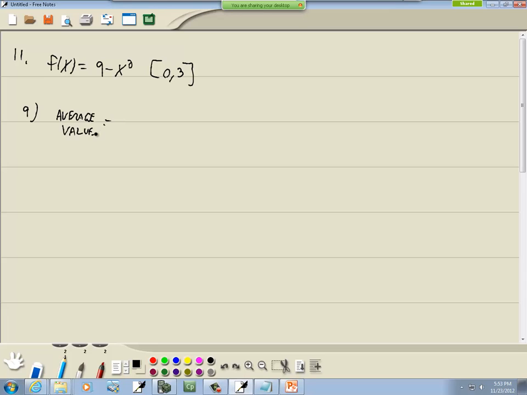So think in terms of business. Average value is equal to 1 over b minus a, and the integral a to b of f of x dx. So it's going to be 1 over, this is a and this is b, so 3 minus 0, 0 to 3, of 9 minus x squared dx.